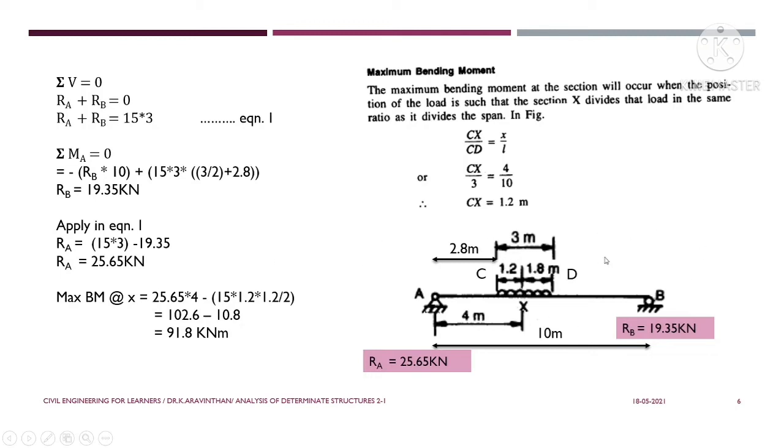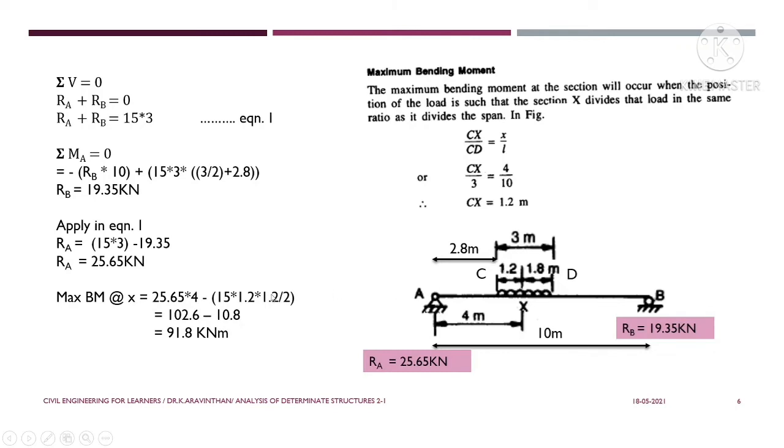You can see either at right hand side or at left hand side. I will be considering at point left hand side. RA into distance is 4. RA is 25.65 kilonewton and 25.65 into 4. And you will be having a UDL here, which is having a distance of 1.2. Now load is 15 into distance is 1.2 here.